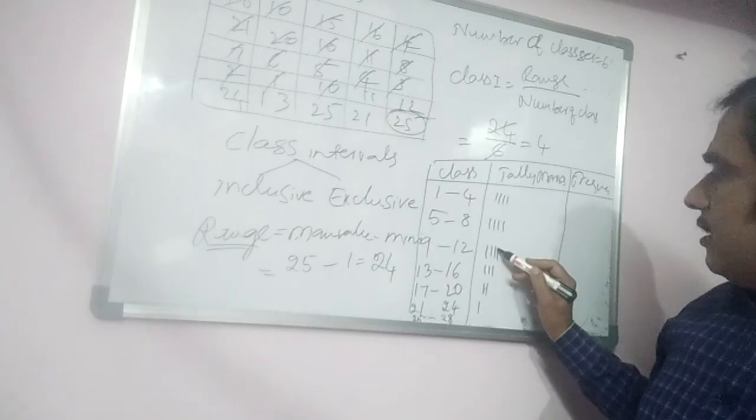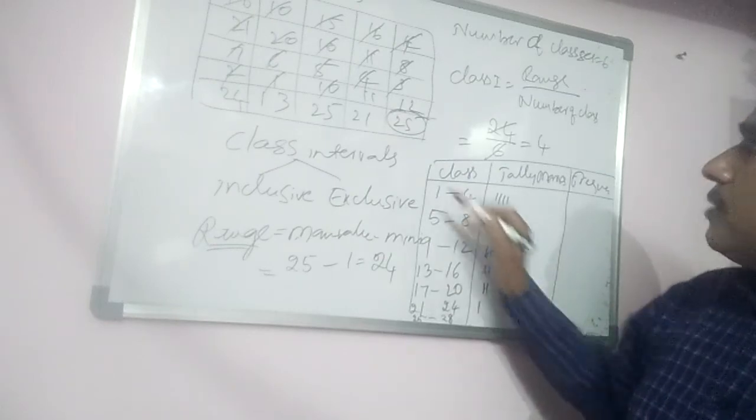For 11 here, when I am putting, already 4 are over, so I am putting one cross mark.